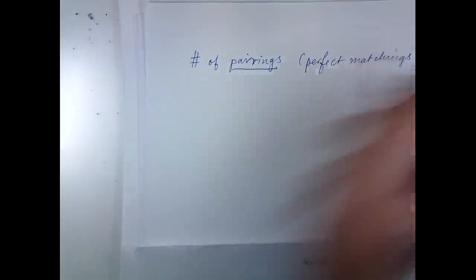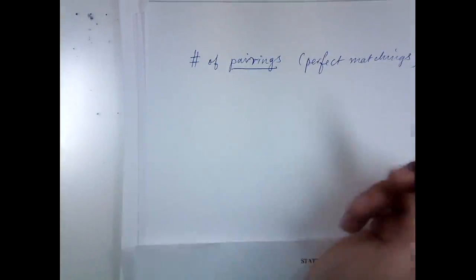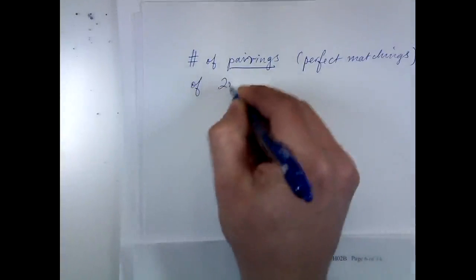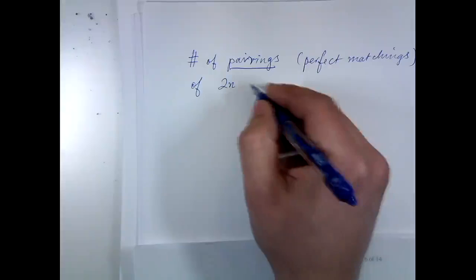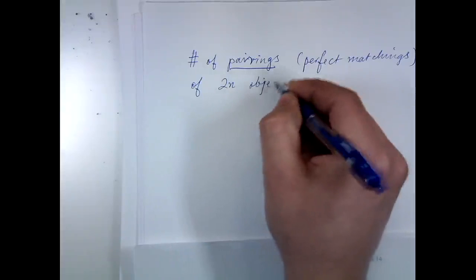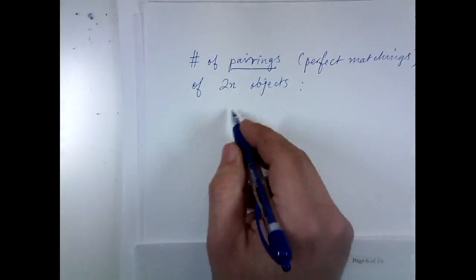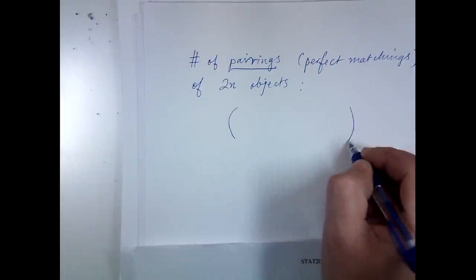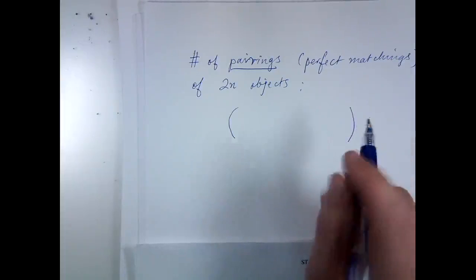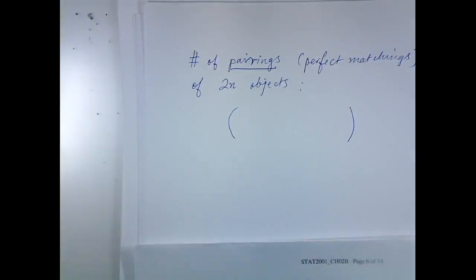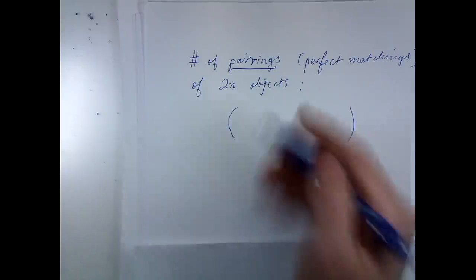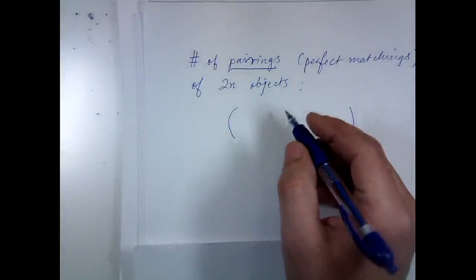This is just an extension of the tennis court thing we just did of 2n objects, or they could be people. Now, a pairing means how do you pair them up? It doesn't mean I care that pair A is different from pair B or pair C or pair D. So we're going to start with a multinomial coefficient, 2n.